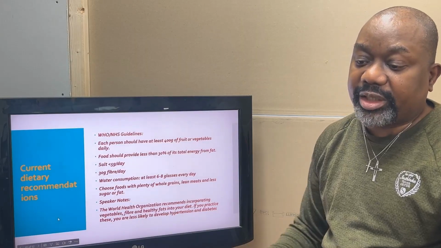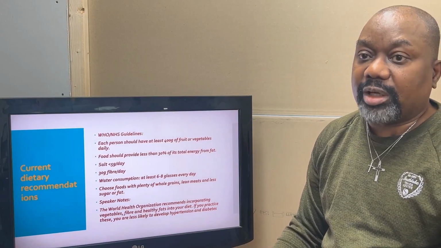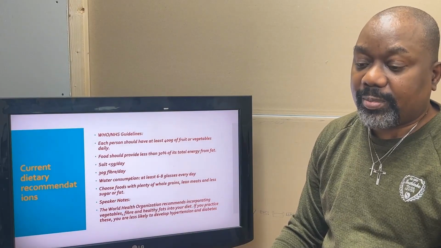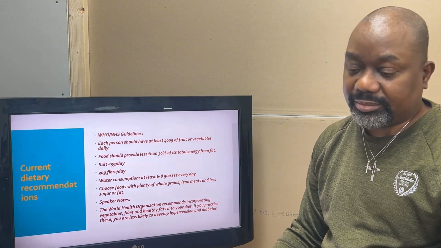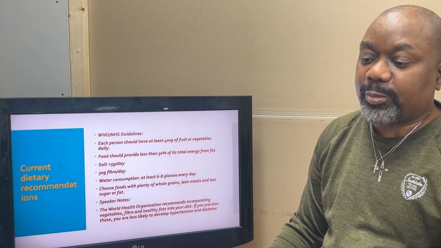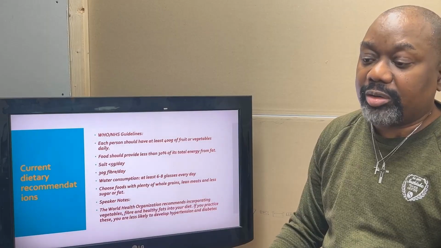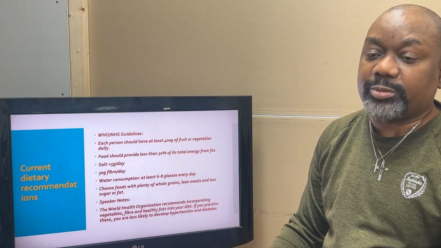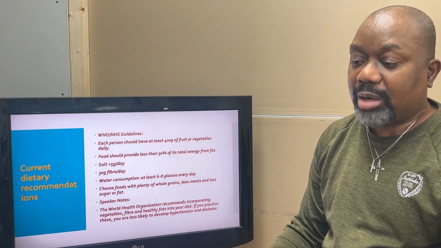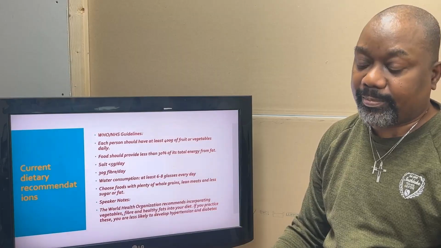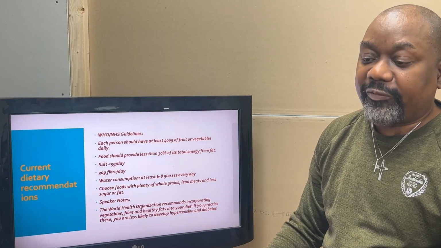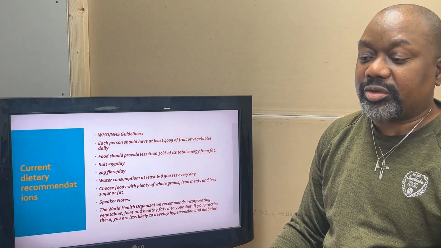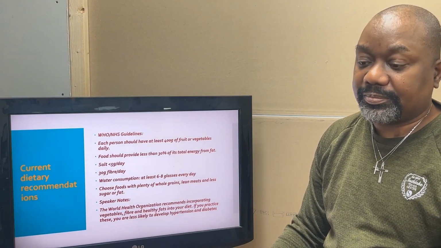Current dietary recommendations from the WHO and NHS guidelines are what I'm going to discuss in this paragraph. Each person should eat about 400 grams of fruit or vegetables daily. Food we eat should provide less than 30% of its total energy from fat.